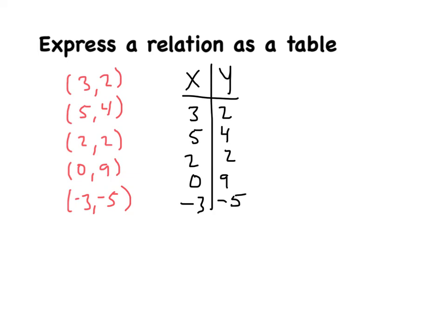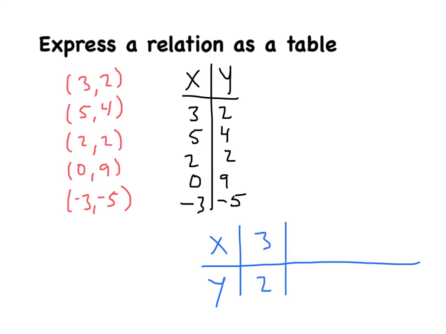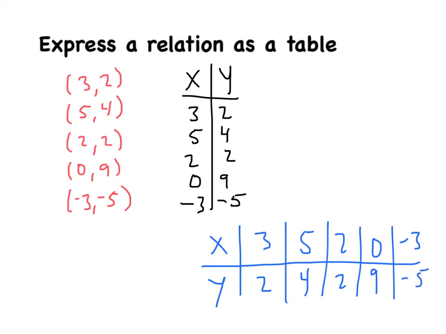Or you could do it horizontally, where we have our x on the top, y on the bottom. We would have x: 3, 5, 2, 0, -3 and y: 2, 4, 2, 9, -5. Remember, all the numbers in the x are the domain, all the numbers in the y are the range.